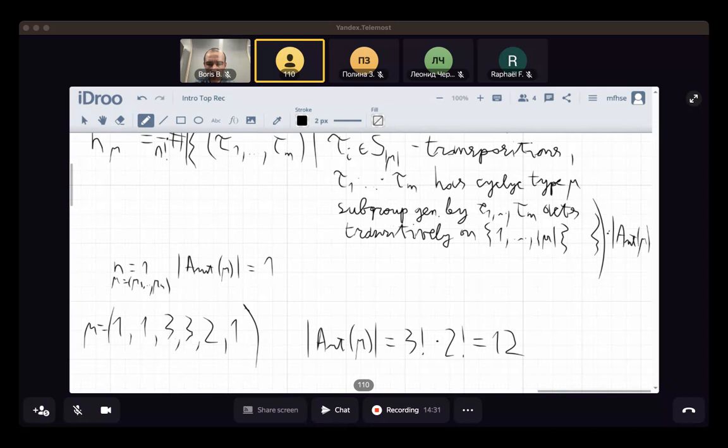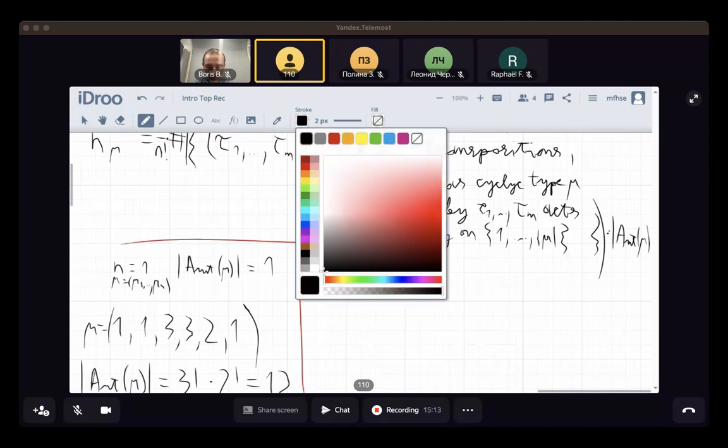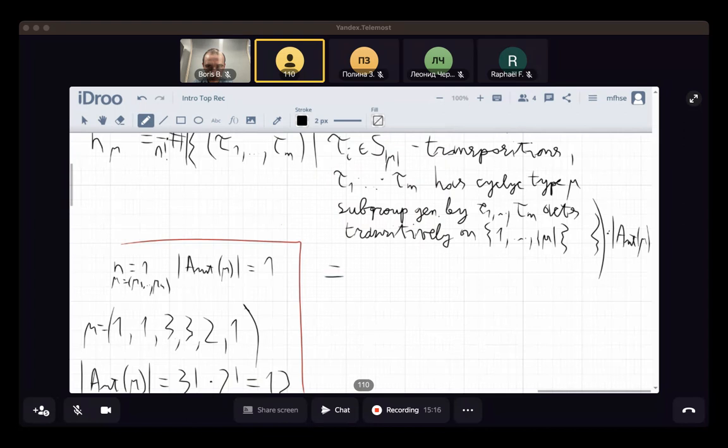Namely, this is actually equal to 1 over n factorial times the number of collections of transpositions, again the same thing.